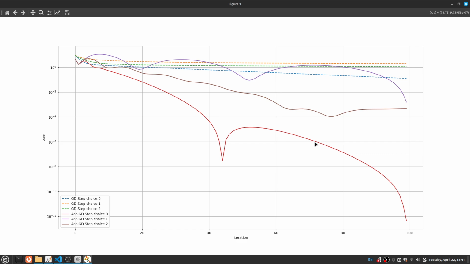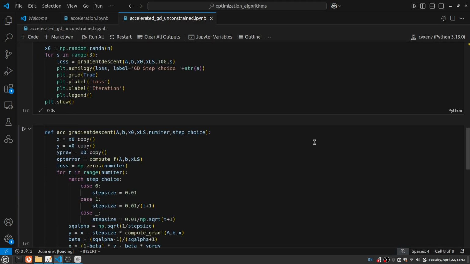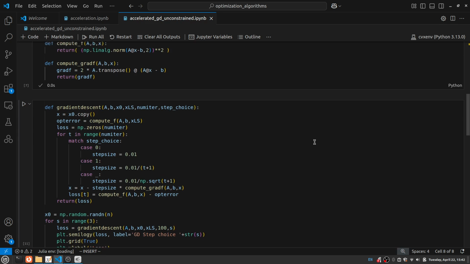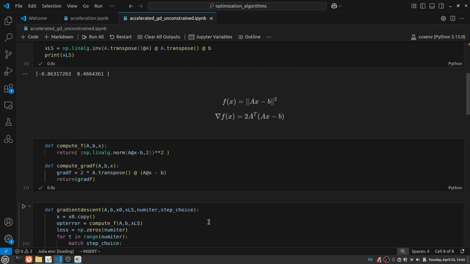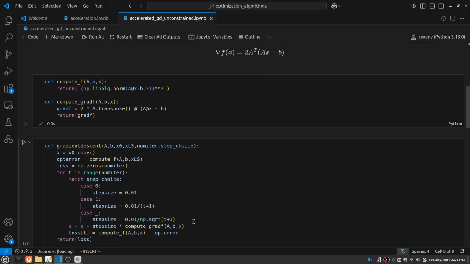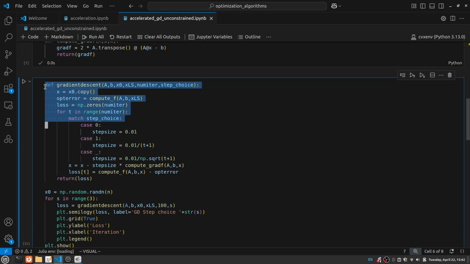So in fact, let's do something more. Let's try to visualize the trajectory of gradient descent as well as accelerated gradient descent. Right, so let me try to do this. Let me take gradient descent.